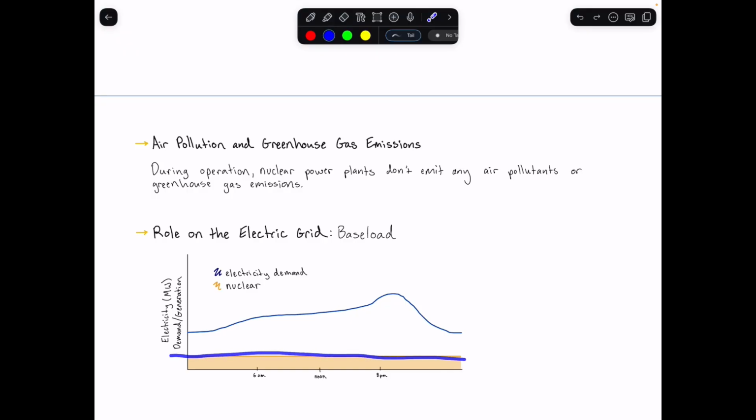Here you can see the same chart that I've shown in previous lectures. On the x-axis is the time of day, and the y-axis is the electricity either being demanded or generated. This blue line represents a rough pattern of electricity demand throughout the day, and here you can see the nuclear power plant is just being operated constantly throughout the day.